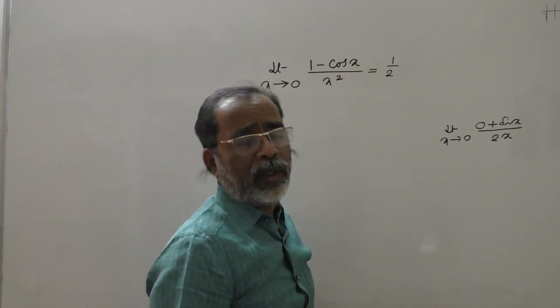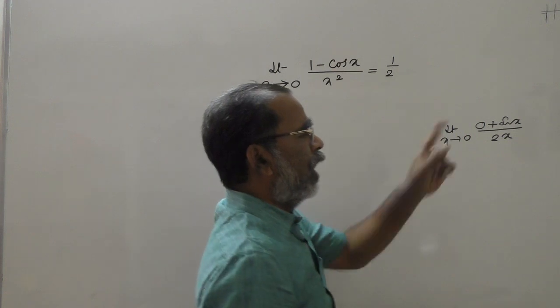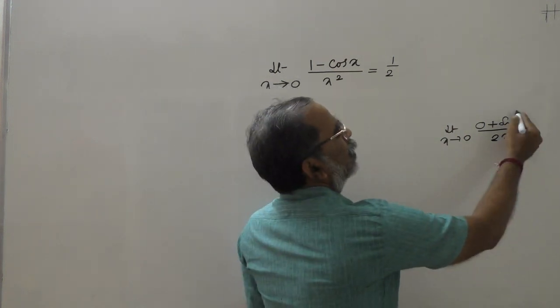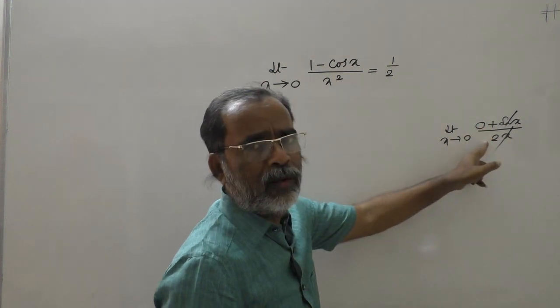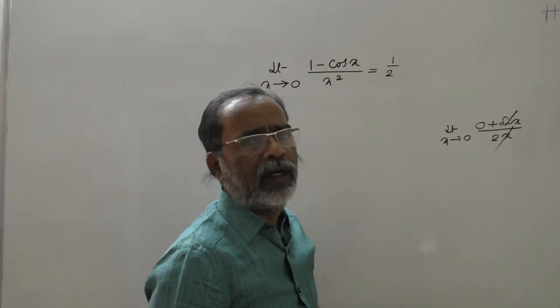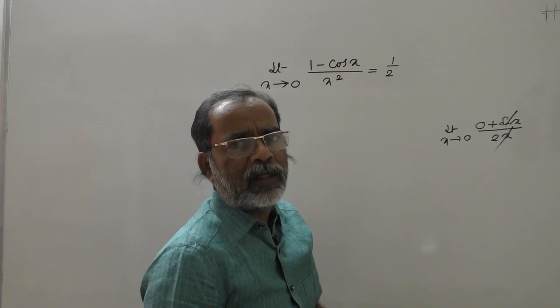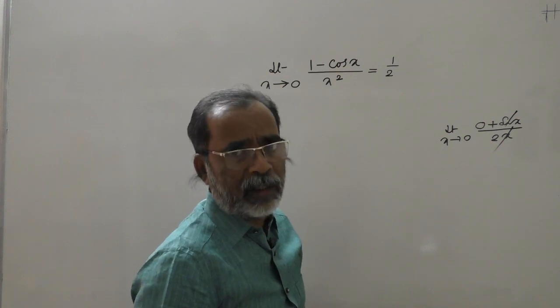Therefore once again you can differentiate, or you have a standard formula: sin x by x becomes 1. So what will be there? 1 by 2. 1 by 2 is a constant number, and the limit of a constant number is that number itself.